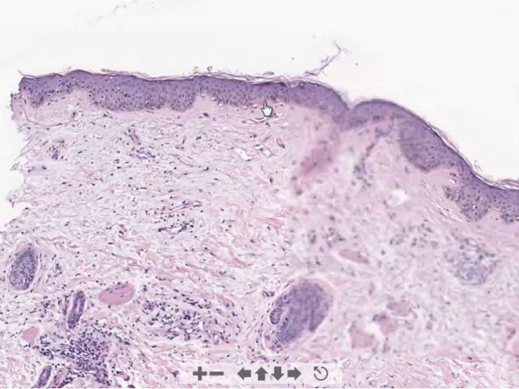Within the epidermis, you can begin to make out at this power a few pink dyskeratotic cells, as well as focal areas of vacuolar change along the dermal-epidermal junction. We'll take a look at this at higher power.